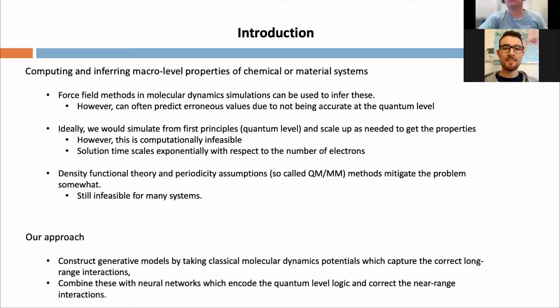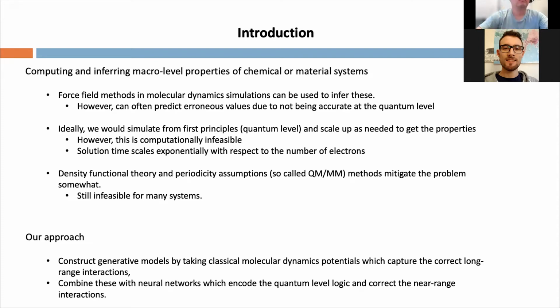So ideally, we'd like to simulate from first principles and scale as needed to get the properties, but obviously this is computationally infeasible. For real size systems, solution time scales exponentially with respect to the number of electrons. Density functional theory and periodicity assumptions, these QM/MM methods mitigate this somewhat, but it's still infeasible for many systems.